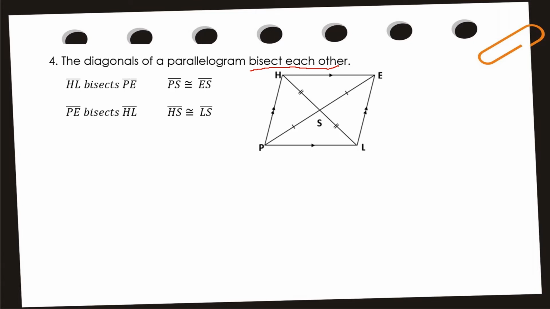When we say they bisect each other, they divide each other into two equal parts, which means that if S is the intersection of diagonal HL and diagonal PE, it means that HS is congruent to SL and PS is congruent to SE.